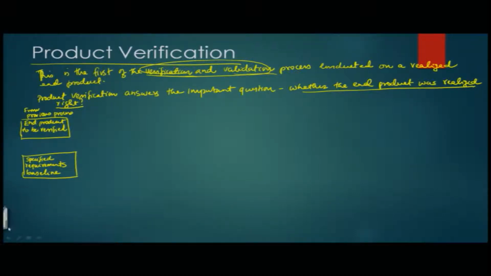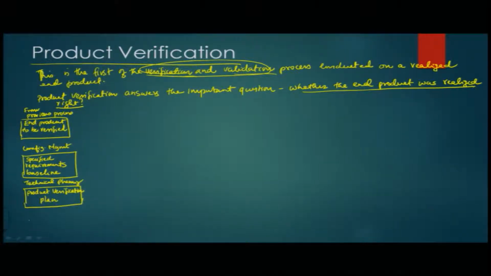Then from configuration management we get the specified requirements baseline. Then we get the product verification plan, which comes from technical planning.